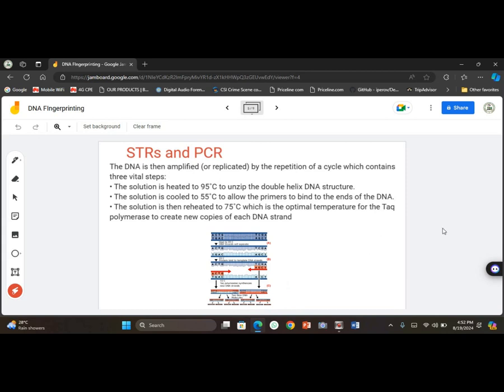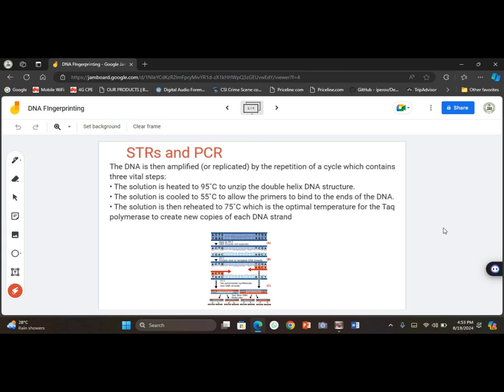The procedure avoids the lengthy probe hybridization that was used in the previous approaches, that is RFLP and VNTR.